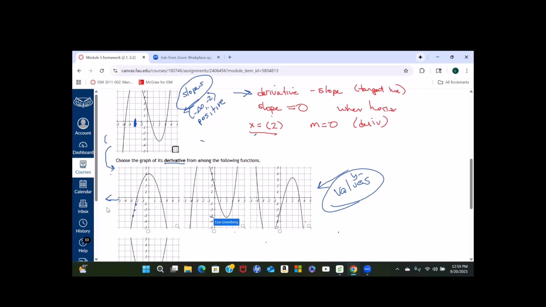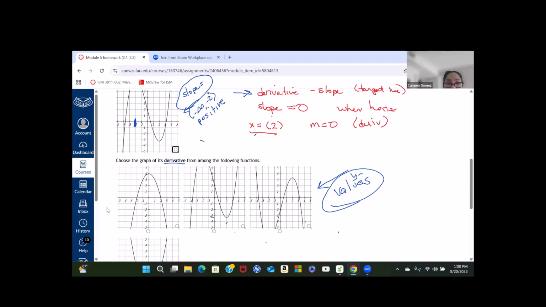This graph is not coming back up and going positive ever. The further to negative infinity I get, it just becomes more and more negative, doesn't it? But I want them to be positive because I said the slopes from negative infinity to -2 are positive. But those are negative.